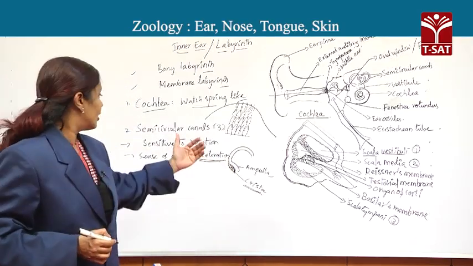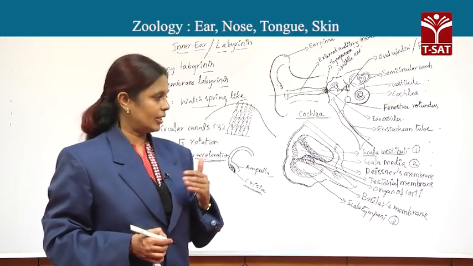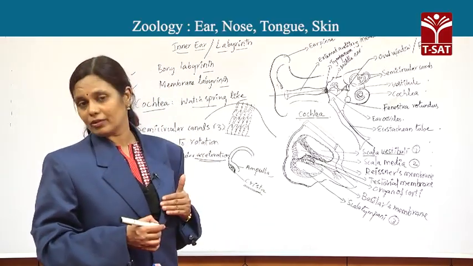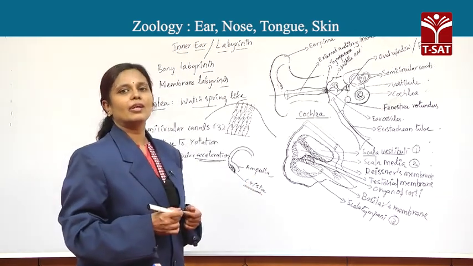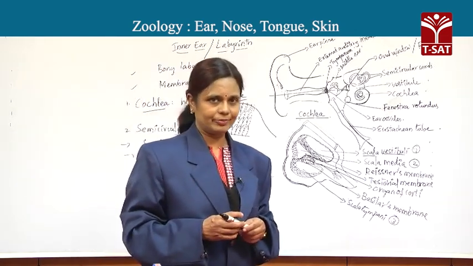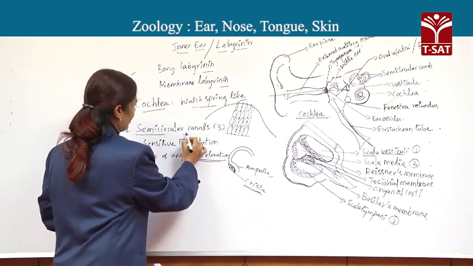That means these sensory ridges, the cristae, are sensitive to turning of the body, turning of your head side to side, and they provide a sense of angular acceleration. That is about semicircular canals.